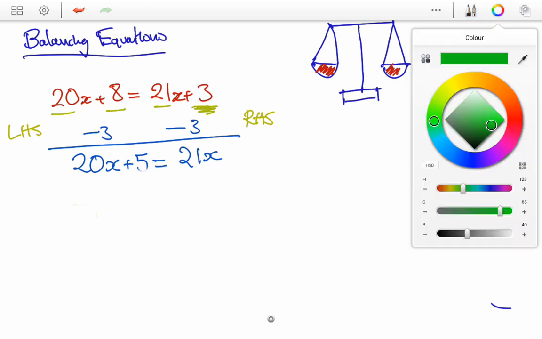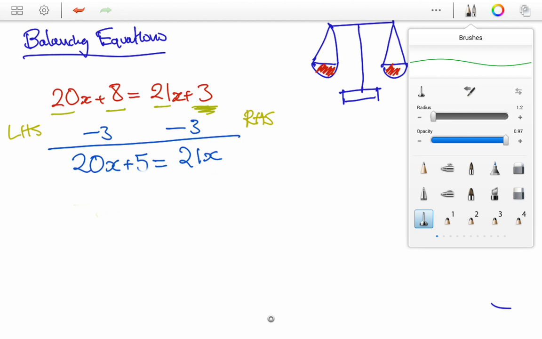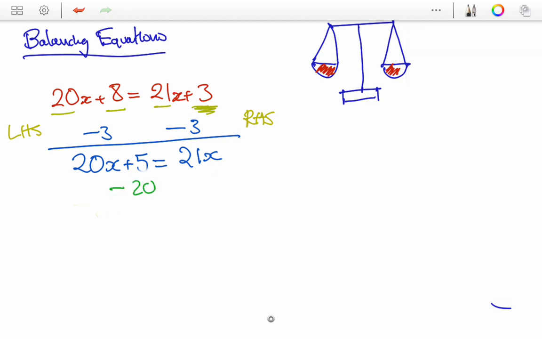This 20 here is positive, so I'm going to subtract 20x from this side and subtract 20x from this side. That gets rid of the 20x, leaving me with just 5, positive 5, is equal to 1x, or just x. So I've solved it by just balancing, and I've got x is equal to 5.